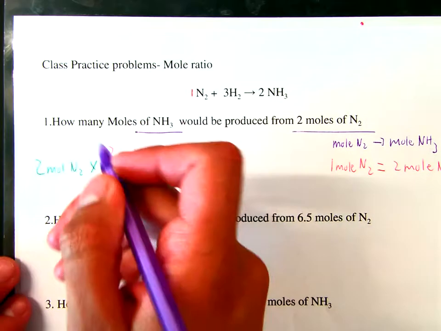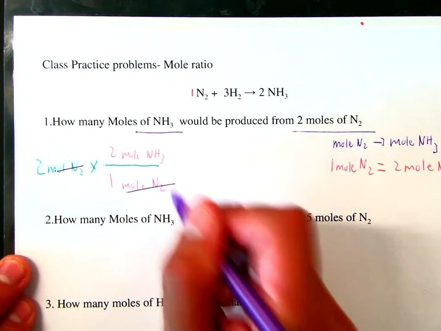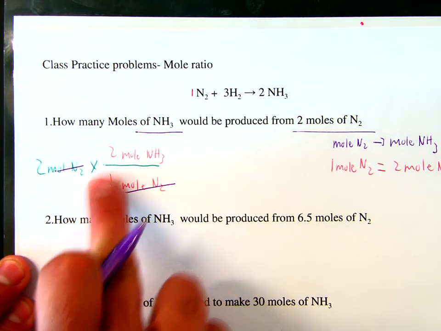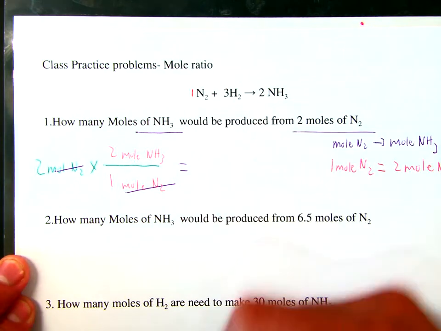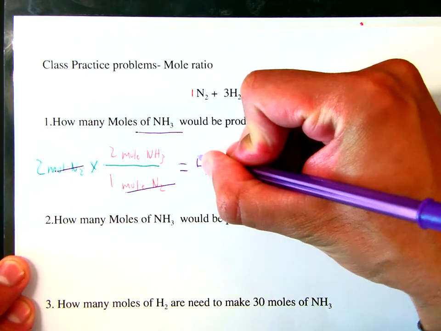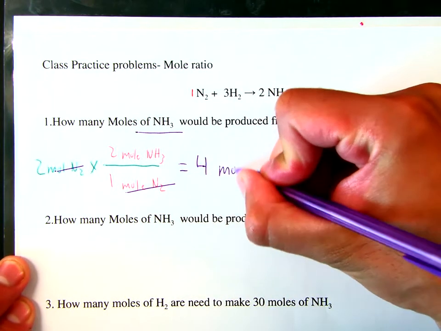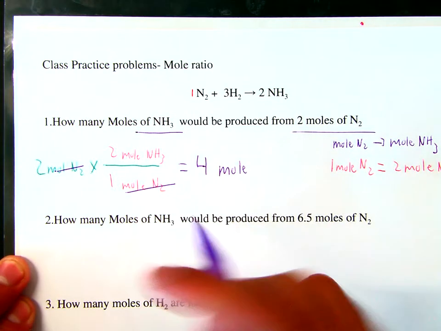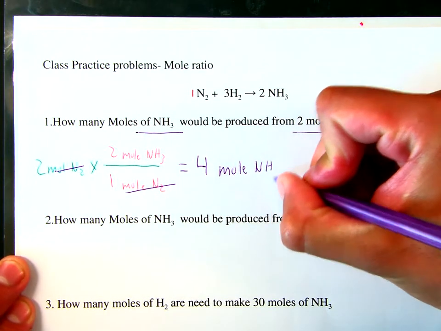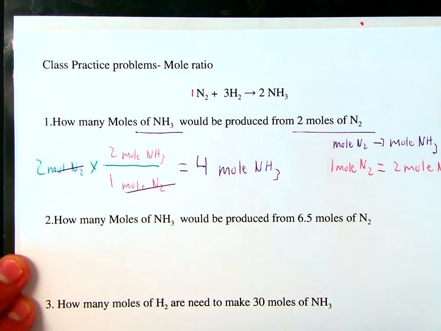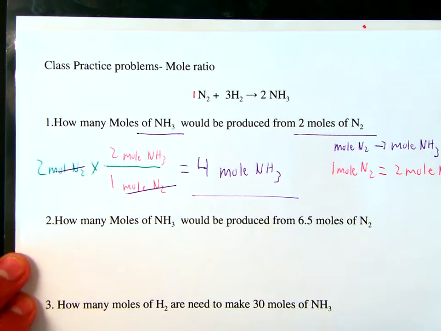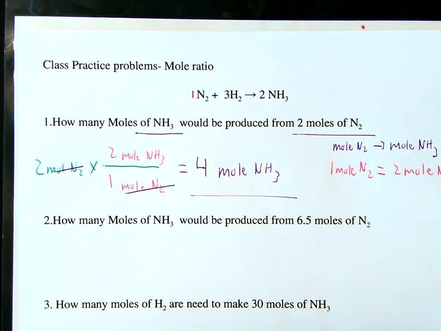The similar units across cancel. 2 times 2 gives me 4. So my answer is 4 moles of NH3, which is the original answer we had said, right? But I'm trying to give you a systematic way to be able to do all problems.